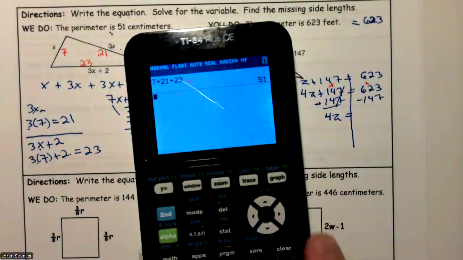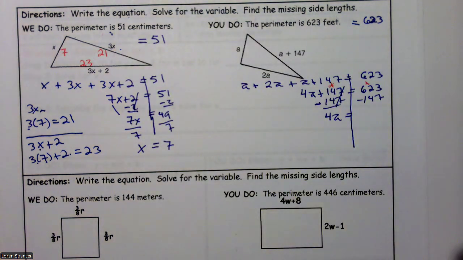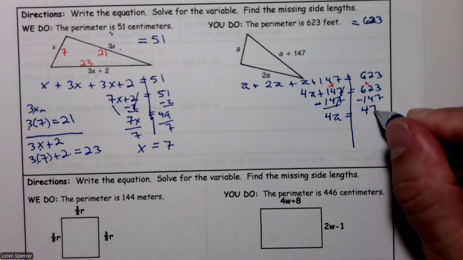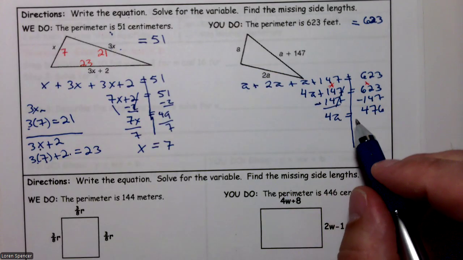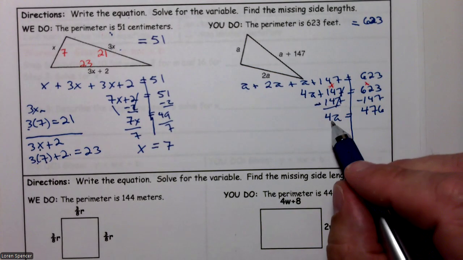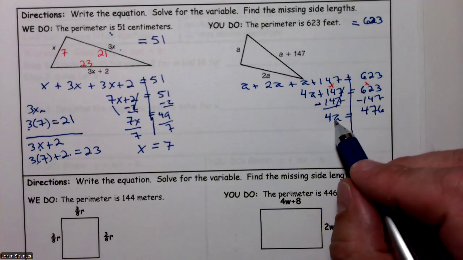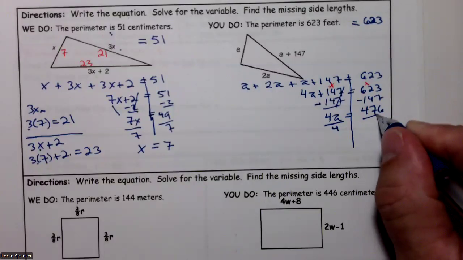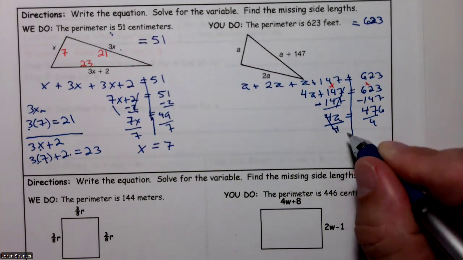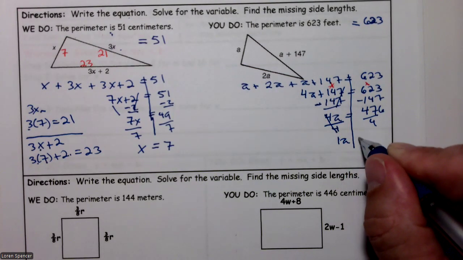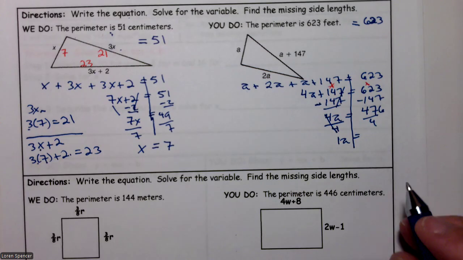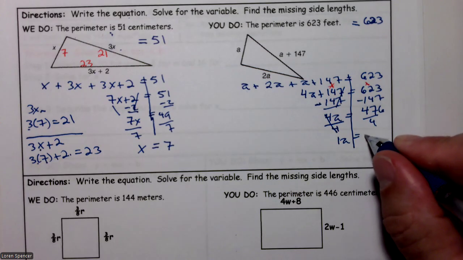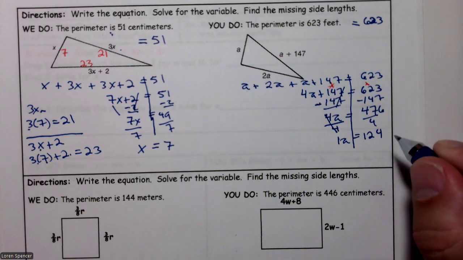Using my calculator, 623 minus 147 equals 476. The very last step is to get rid of the coefficient. These are side by side, so they're being multiplied. I undo multiplication by division. This goes away and becomes 1A, and 1A equals 476 divided by 4.